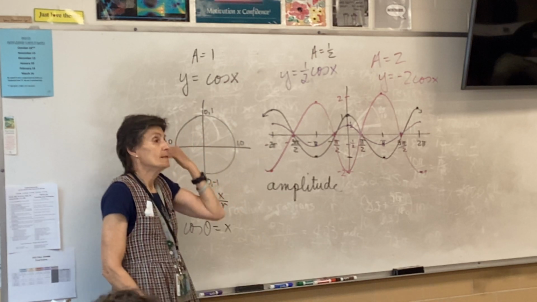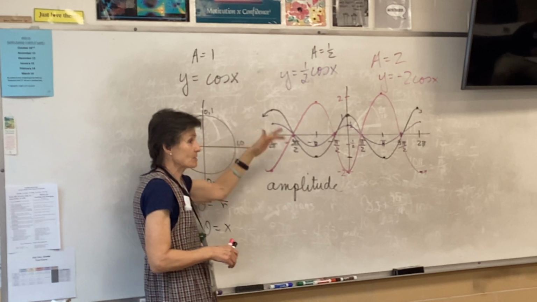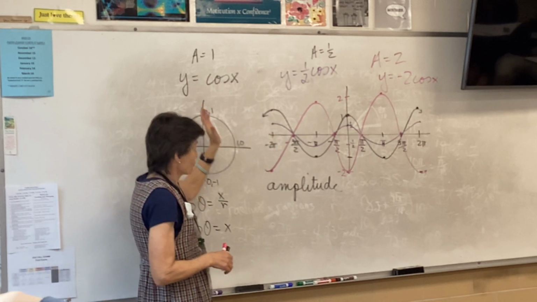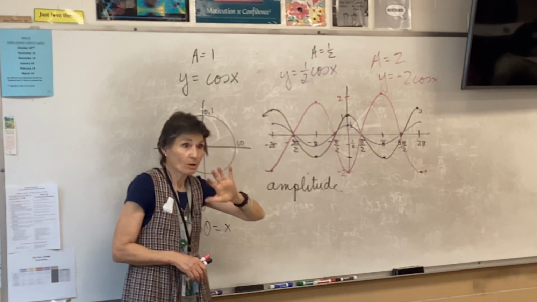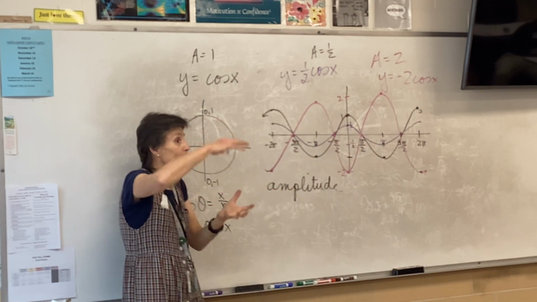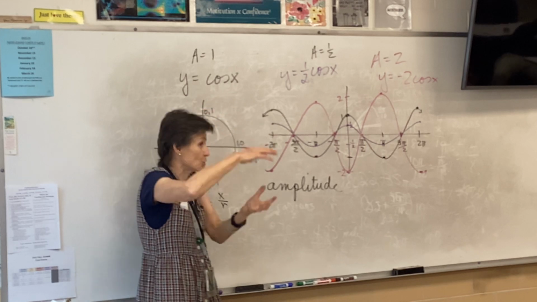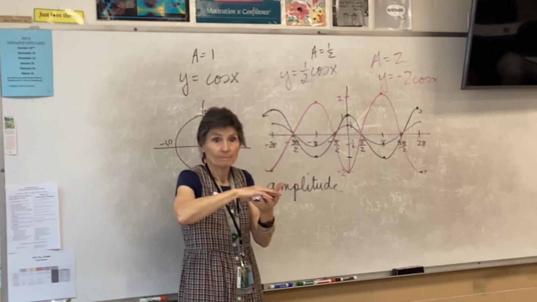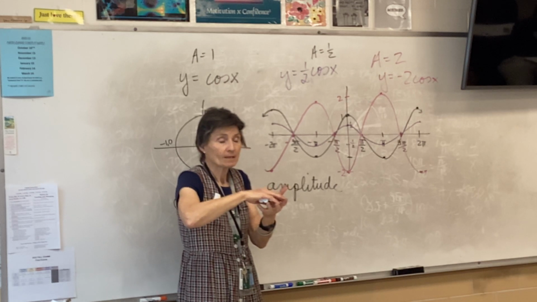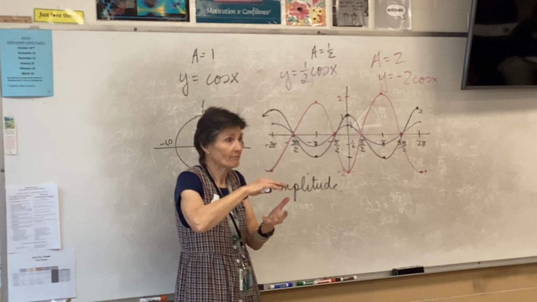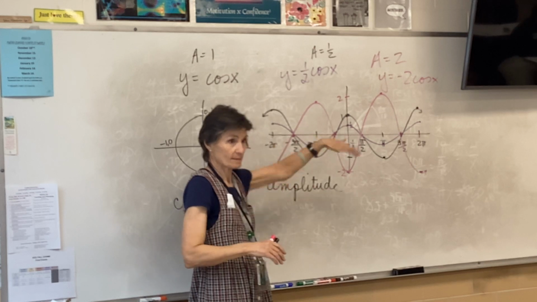All right? Now, in this exercise, first of all, we reviewed what a cosine looks like. And we also talked about how we change the amplitude of a curve. Have you guys ever looked at a sound wave before? Doesn't it look like this, right?